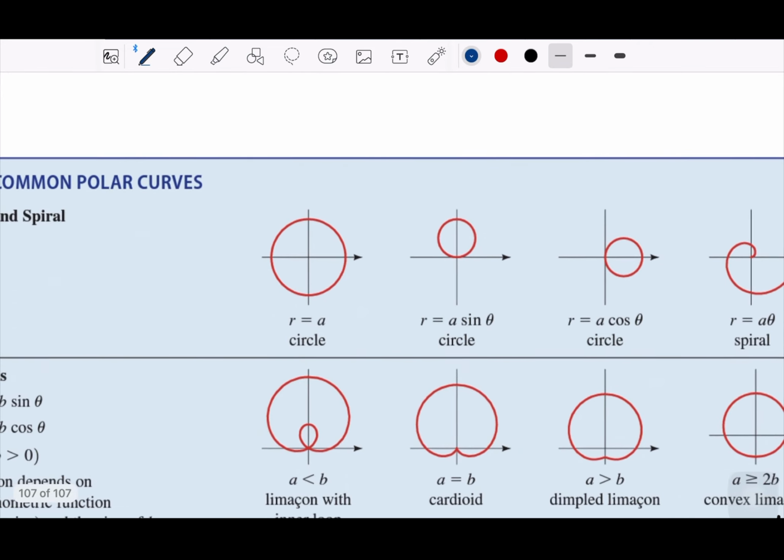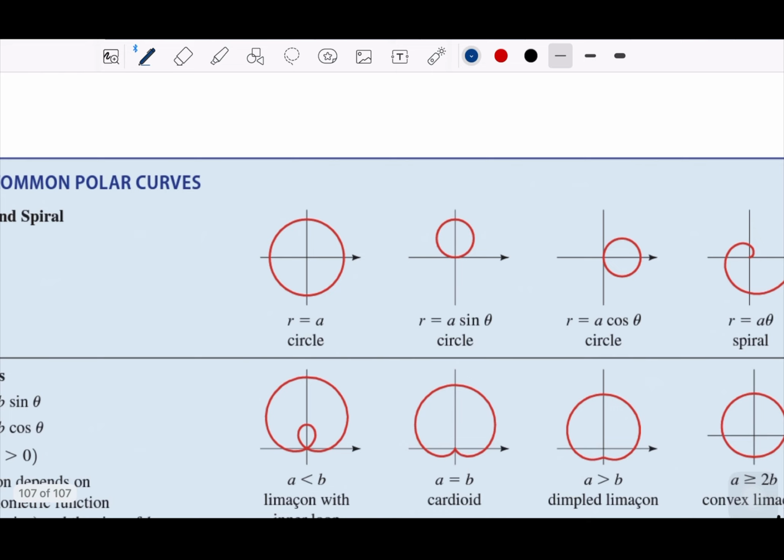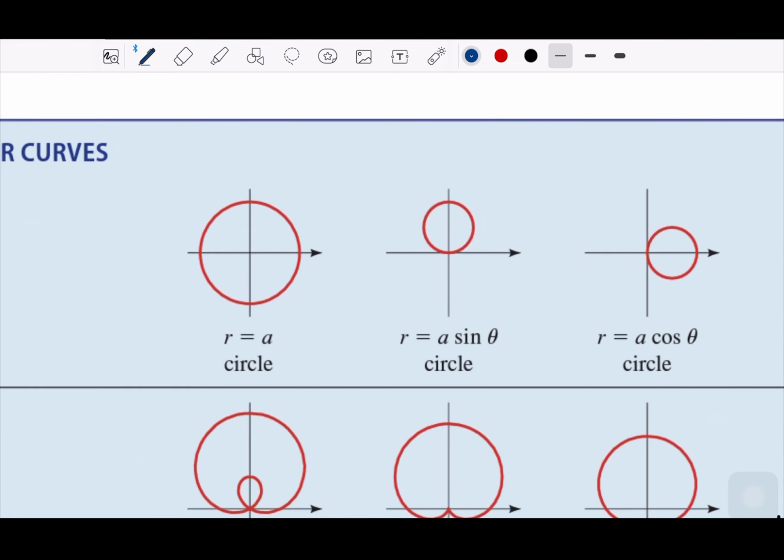We have a circle also for sine and cosine. Sine is the top-down equations, and cosine has the left and right situations.